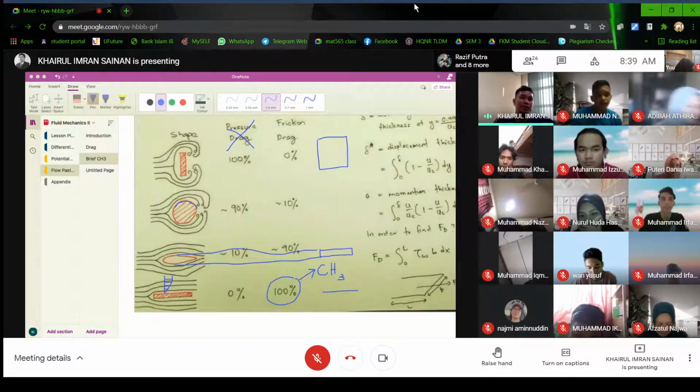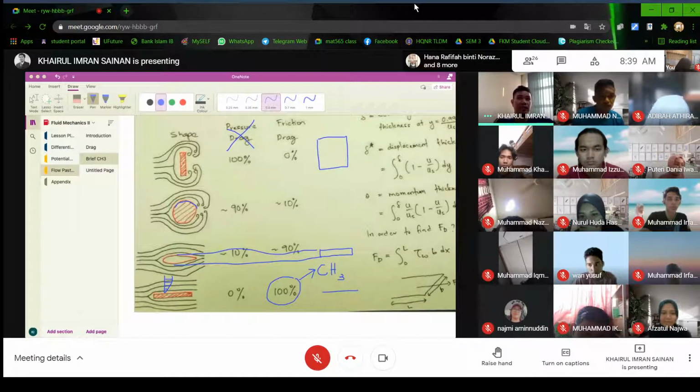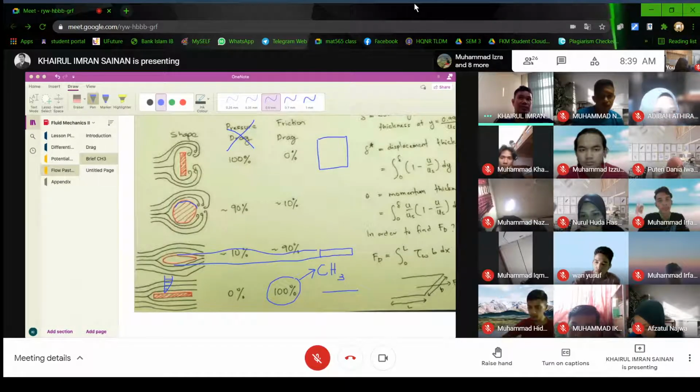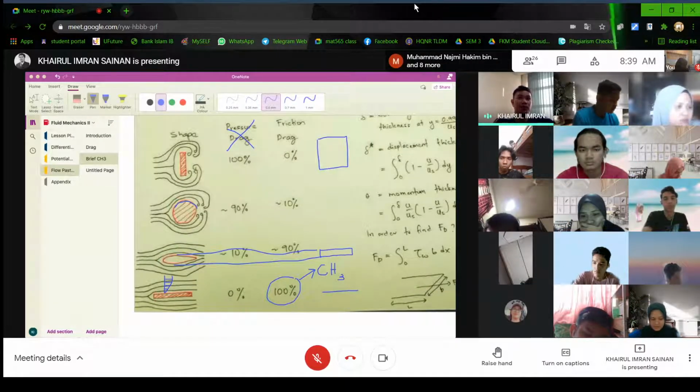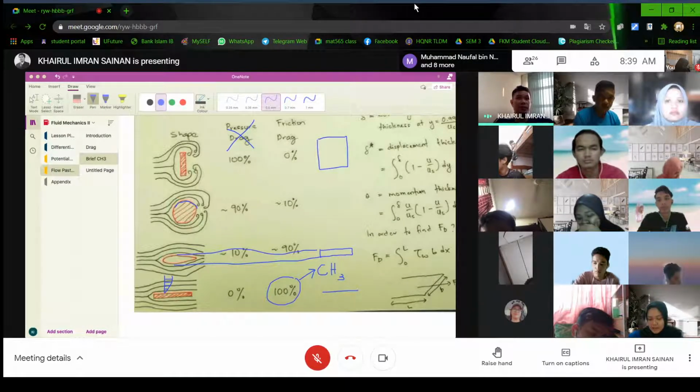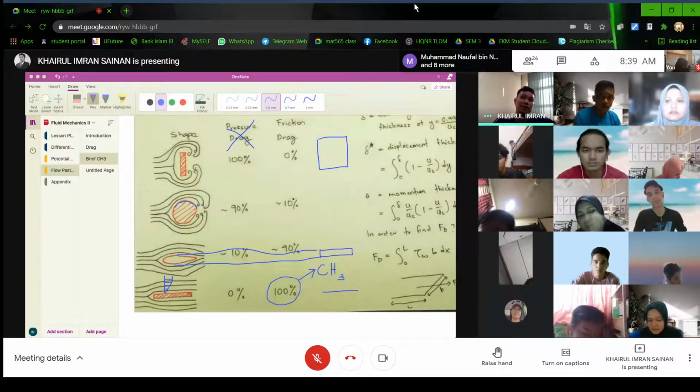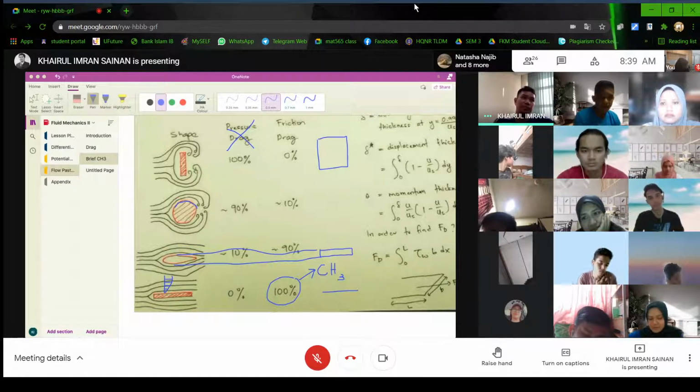Okay, linear momentum equation. So basically, you're going to calculate the difference between two states. You have forces in terms of rho, v, and dA, normal to the velocity. So the mass flow rate, the momentum at state 1 equals the momentum at state 2.